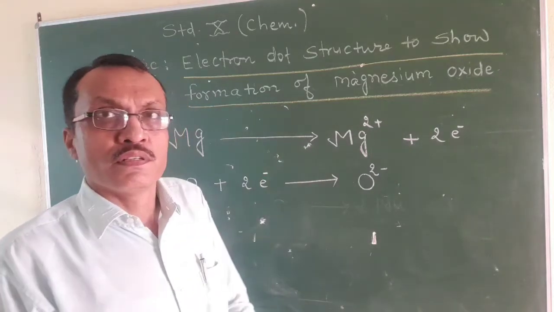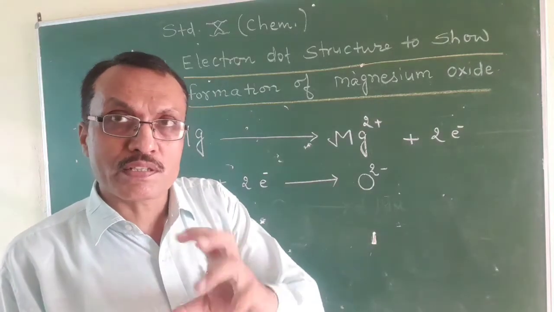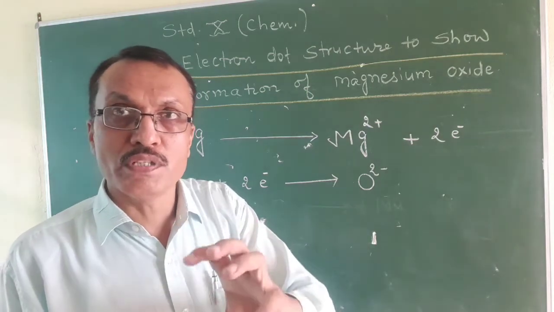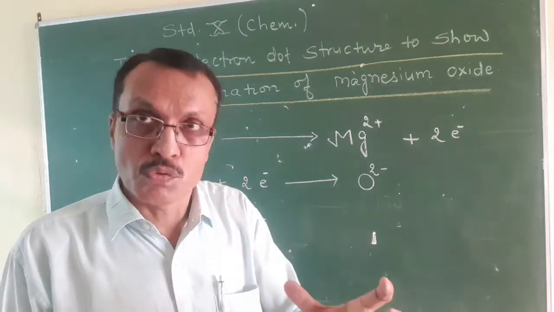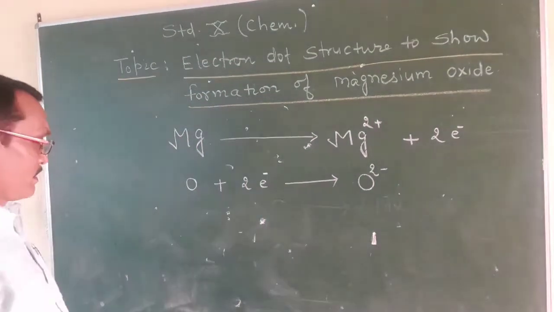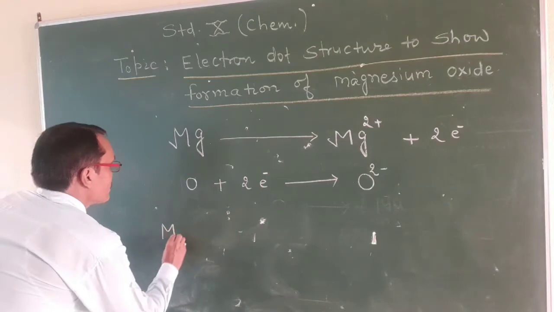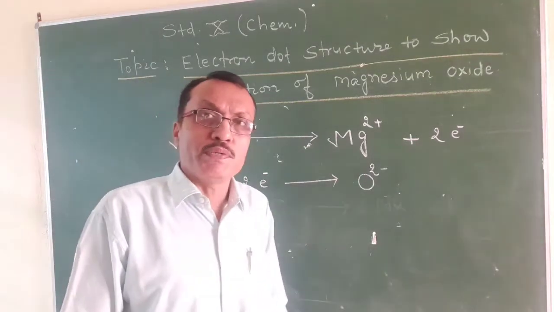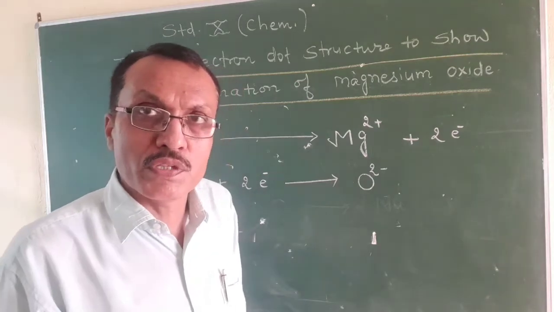Now you have to show the electron dot structure of magnesium oxide. This is magnesium, and in the outermost orbit of magnesium there are 2 electrons.